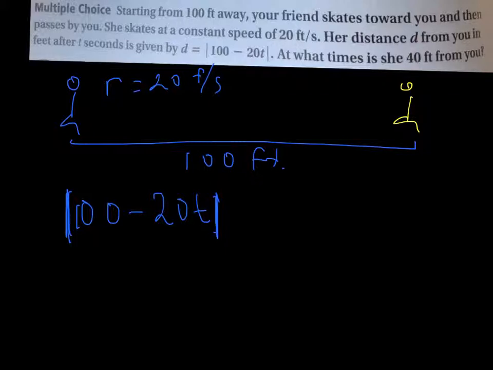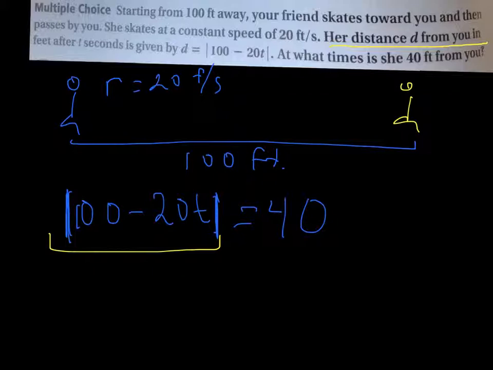Well, we would just set this equal to 40, right? And that's going to tell us at what time she is 40 feet from us, because this expression represents her distance d from you. And we want to know when she is 40 feet from us.